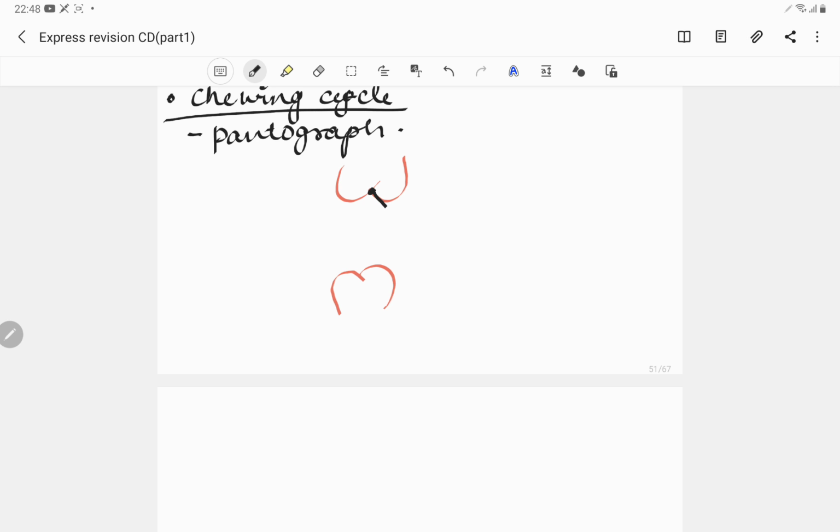Then we open the mouth. We chew, slightly chew. We take slightly to one side, then slightly to the other side. And then passing on the inclines or the slope, we again close the mouth. So this is going to be a teardrop shape tracing. As you can see, this is a teardrop, right?